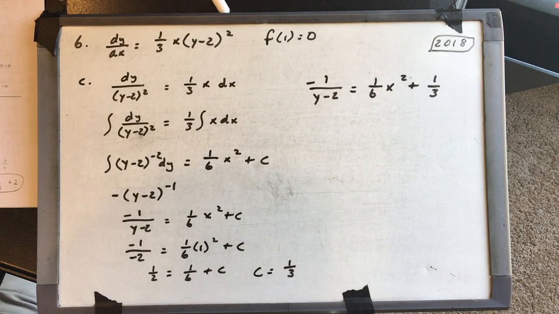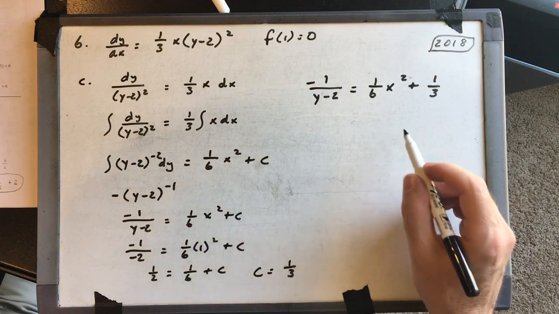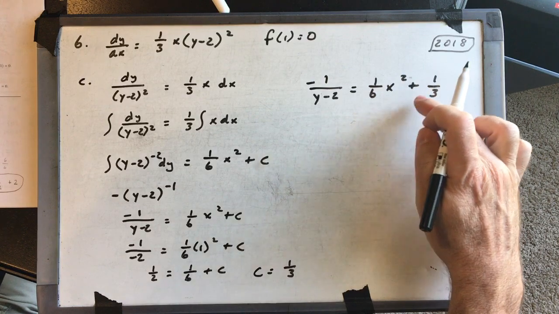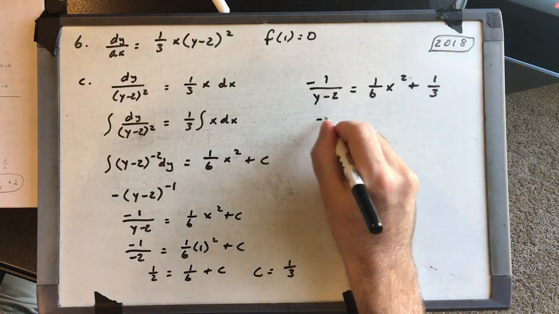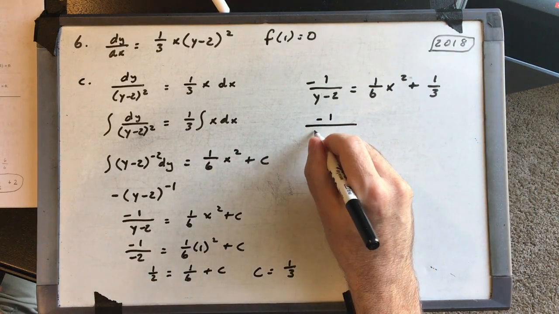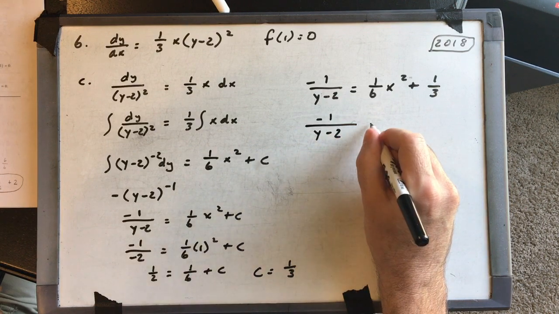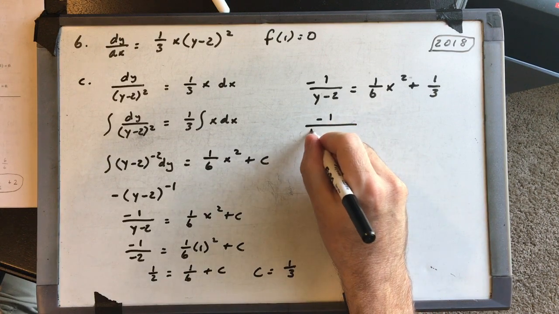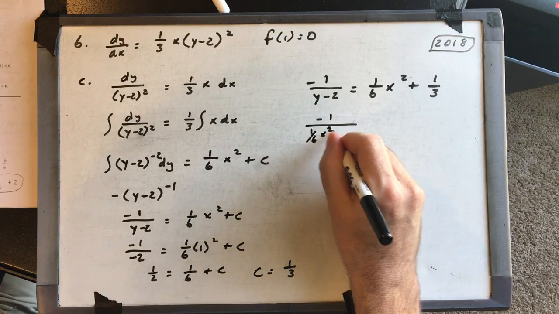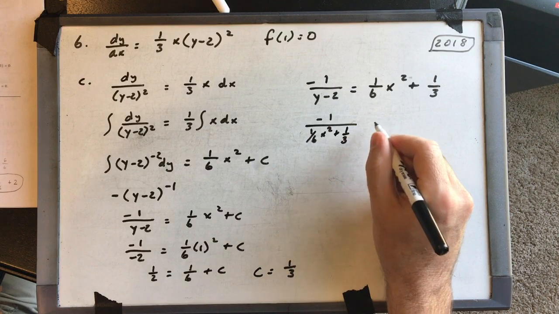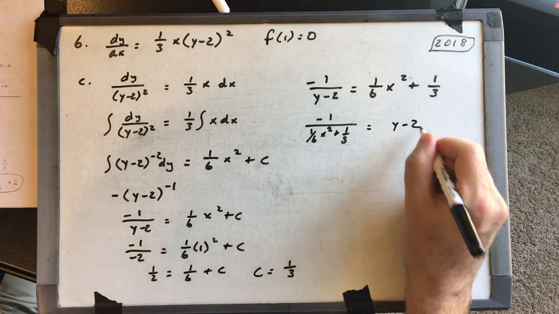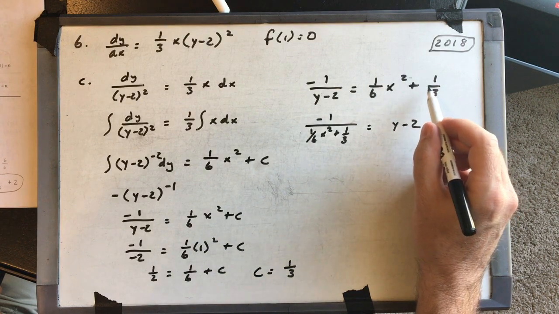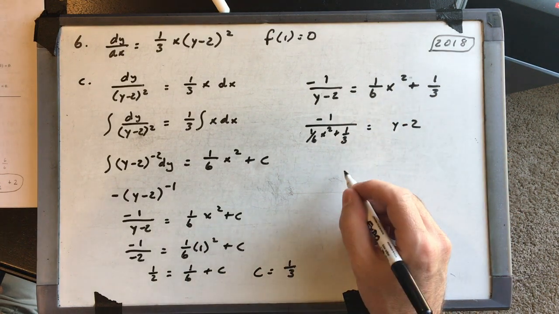But who knows? One thing you could do, solving for y, let's bring that 1/6 x squared plus 1/3 underneath. So we've got negative 1 over 1/6 x squared plus 1/3 is equal to y minus 2. So I took the y minus 2, brought it up top over here, and brought the 1/6 x squared plus 1/3 underneath.